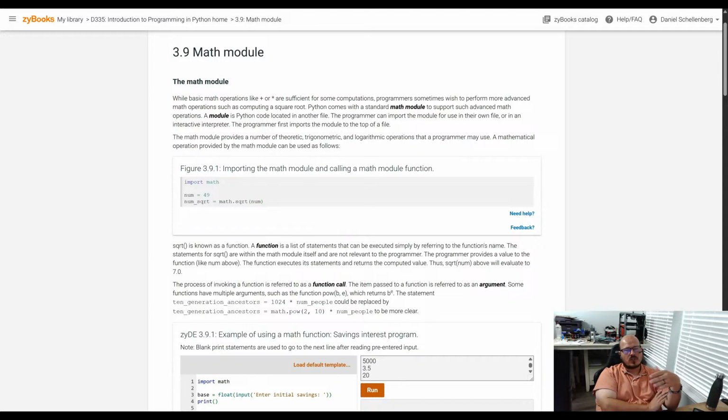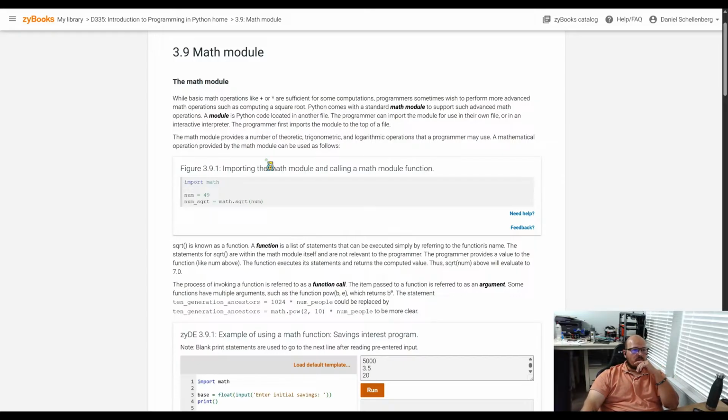So kind of what it was showing us before, you're going to import it. So you're going to say import math, right? Like right here. And in order to call that, like it was showing us before, you have to call for the file. So math dot and then whatever math you want to use, like floor, square root, or things like that.